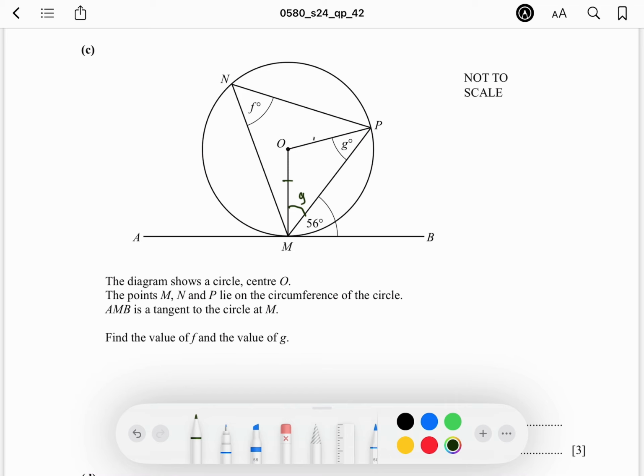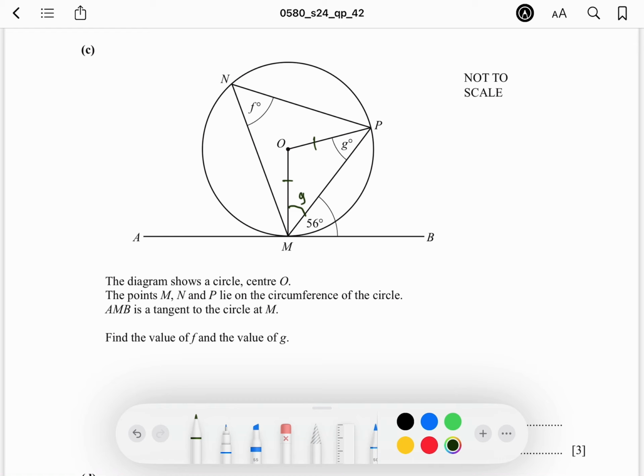Okay, that would help. F is the angle at the circumference.